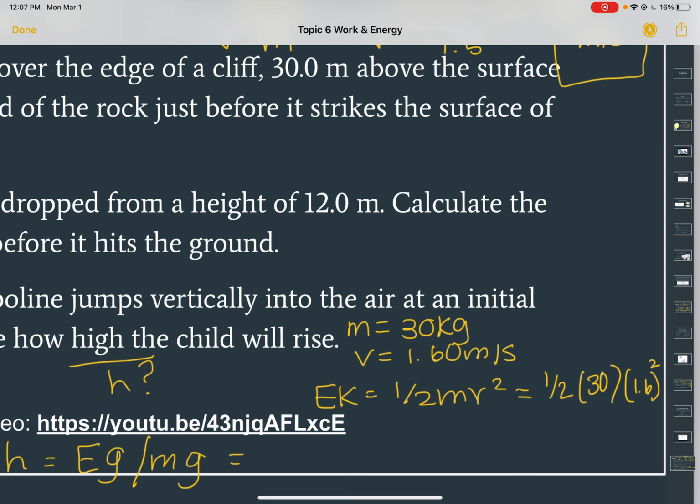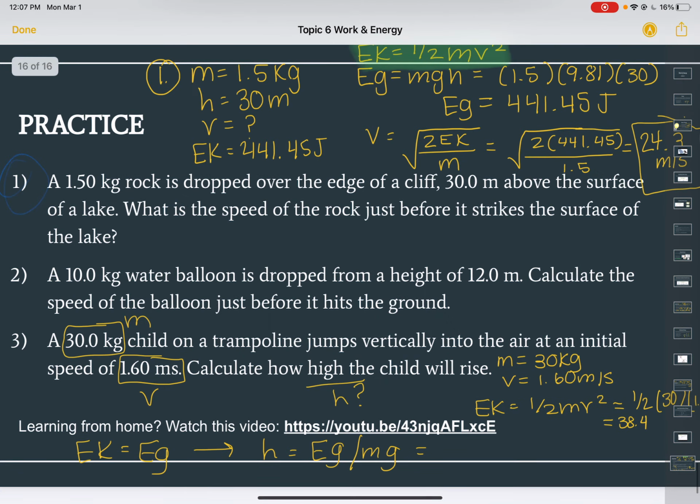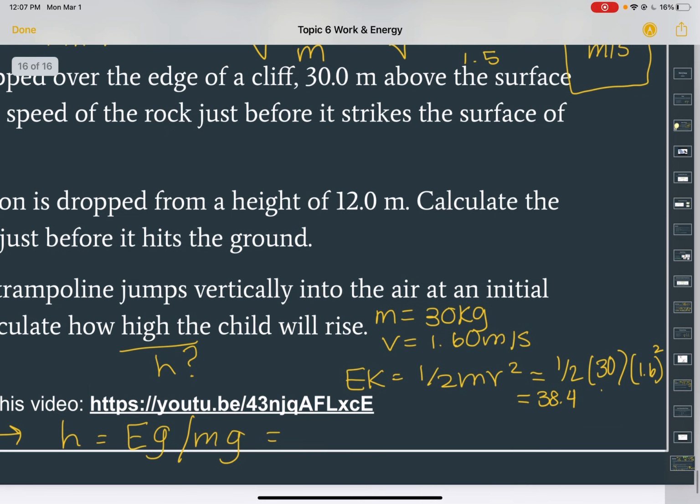So we want to go 1.6 squared multiplied by 30 multiplied by 0.5 gives us, I got an answer of 38.4. So that's for our EK, that's a joule amount.